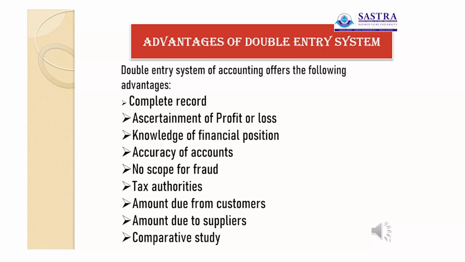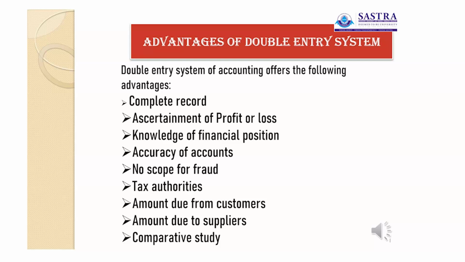Amount due from customers. In the sense the account books will reveal the amount due by customers. Reminders can be sent to the customers who do not settle their accounts promptly. Then amount due to suppliers.